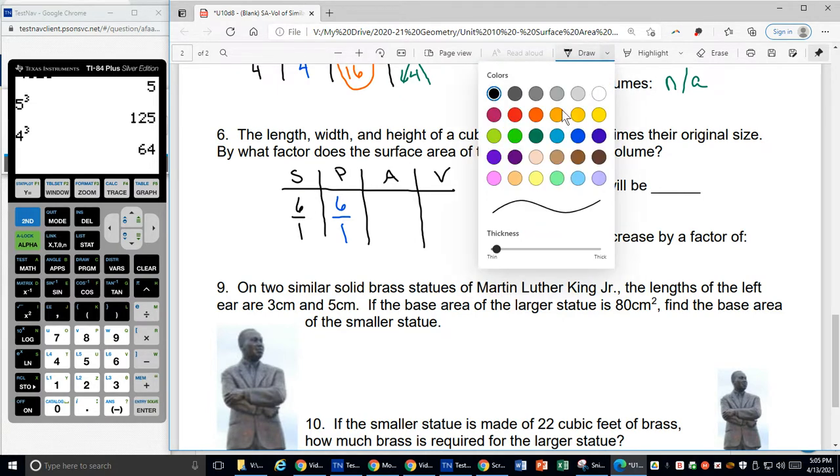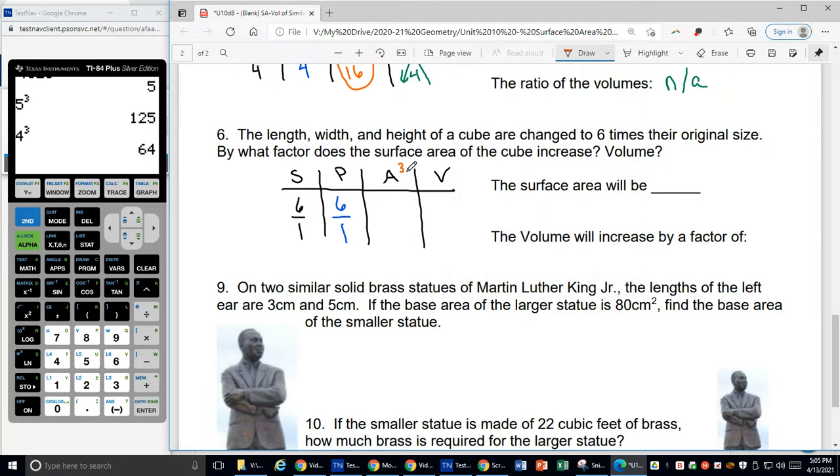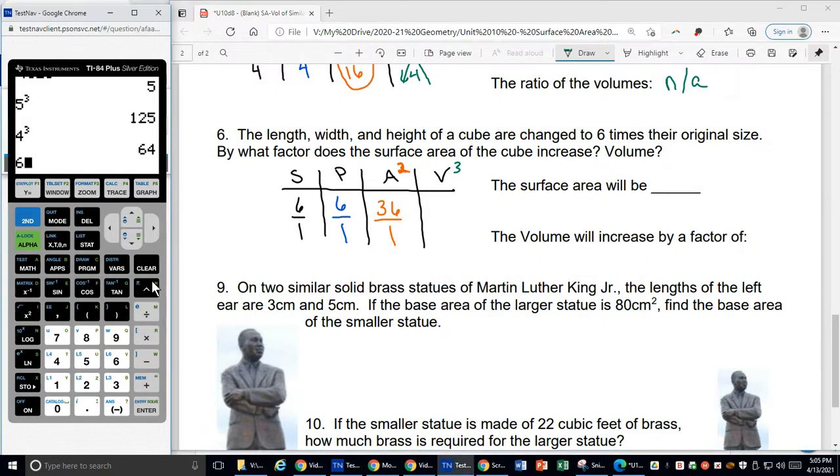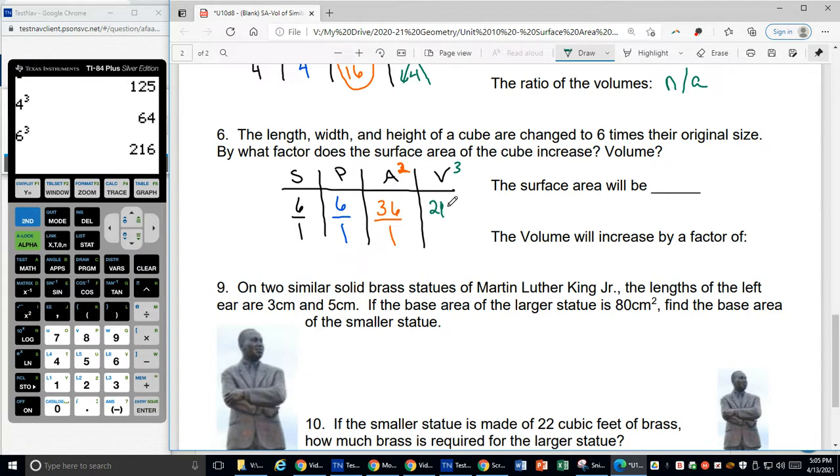The ratio of my areas is 6 squared. So that's 6 times 6, 36-to-1. And the ratio of my volumes is going to be 6 cubed. So 6 to the third power, 216-to-1.